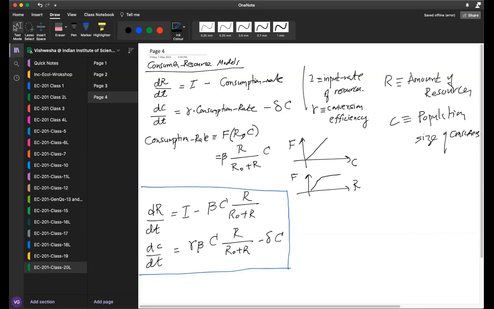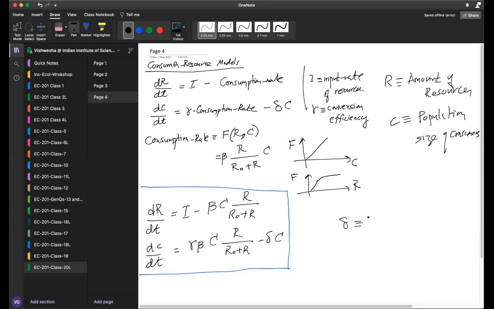Shouldn't it be delta C, then, not the other C? In dC by dt, it should be delta C, right? Oh, delta is a coefficient here. That's the death term.